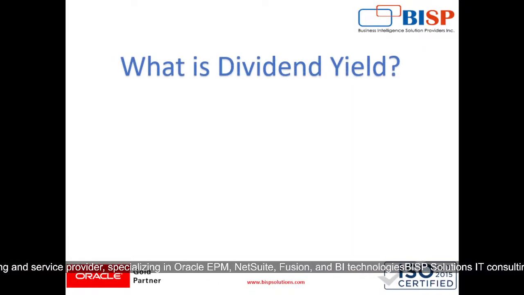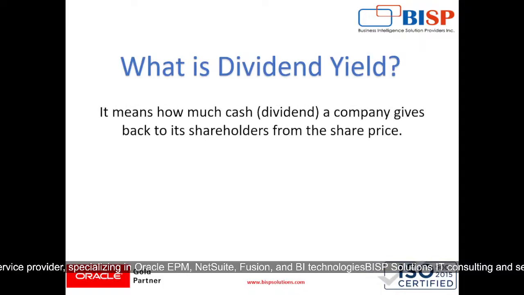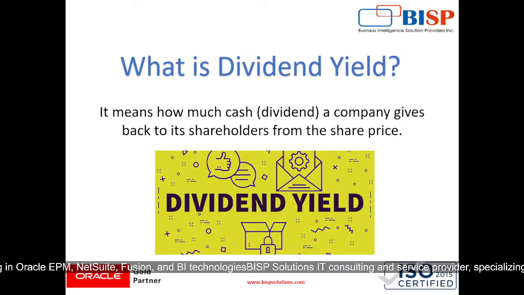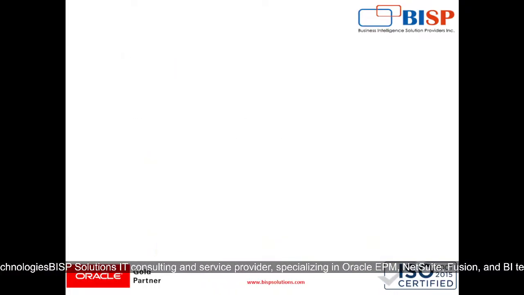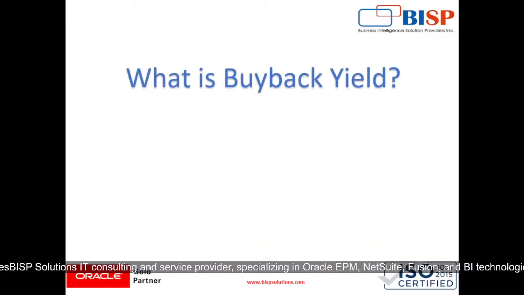So what is dividend yield? So it means how much cash, which is dividend, a company gives back to its shareholders from the share price. So if I buy a share of 100 rupees and the company gives me 5 rupees as dividend, my dividend yield will be 5% only. Okay. Then comes what is buyback yield.